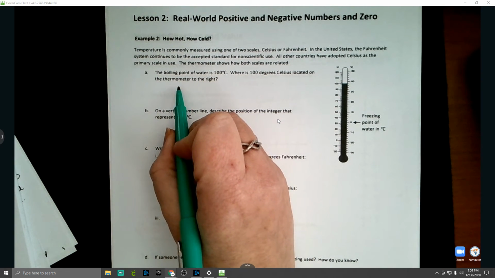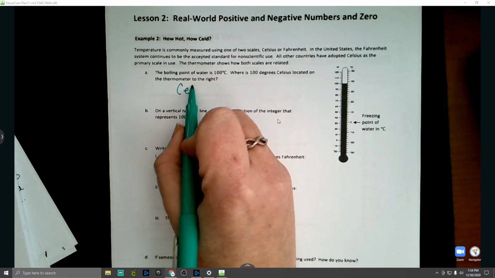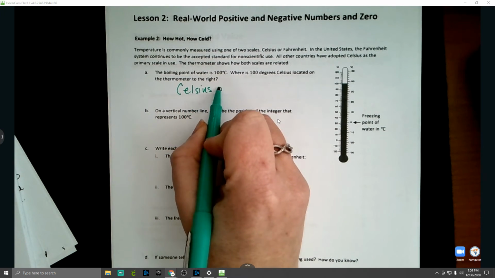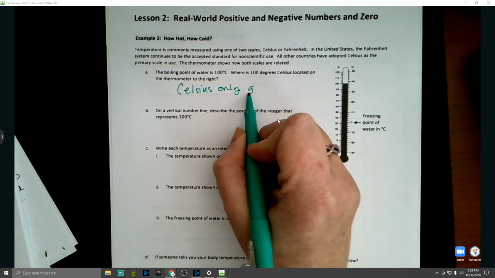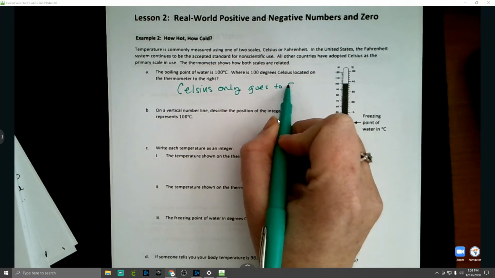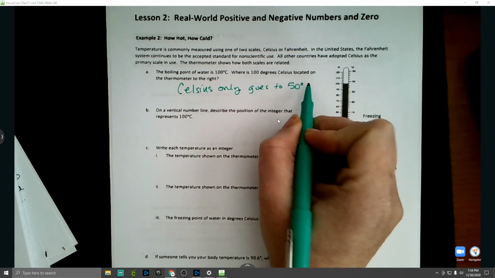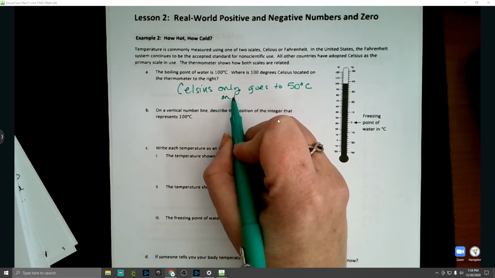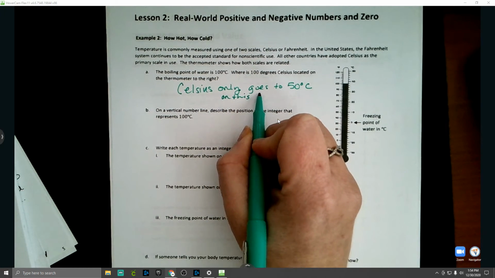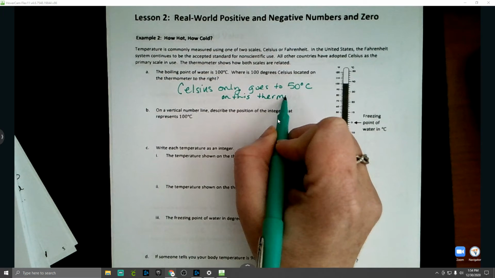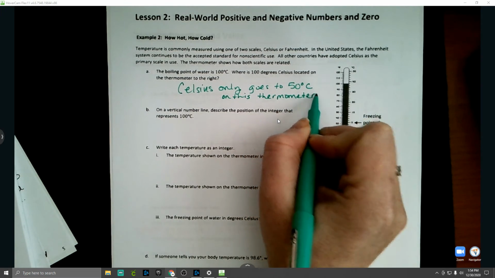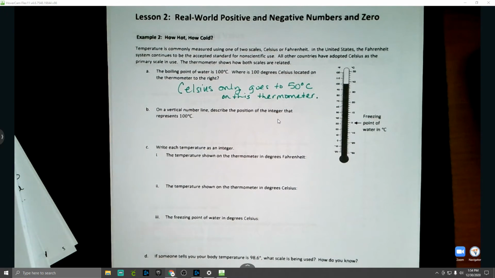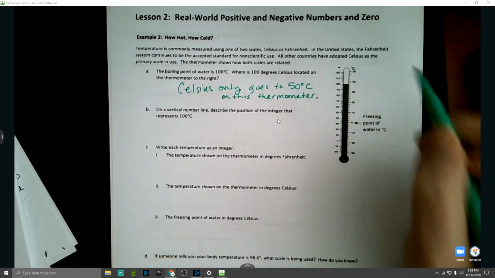So we're going to say Celsius only goes to 50 degrees on this. But of course, we would know it'd be found on the right side because this is the Celsius side.